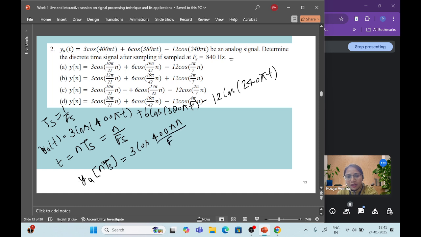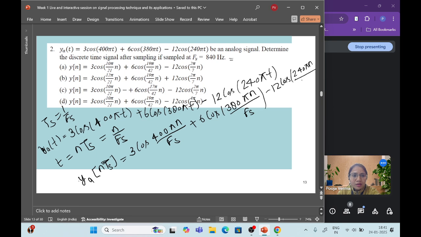N by fs plus 6 cos 380 pi n divided by fs minus 12 cos 240 pi n divided by fs. Okay, now put the value of fs, that is 840 hertz.